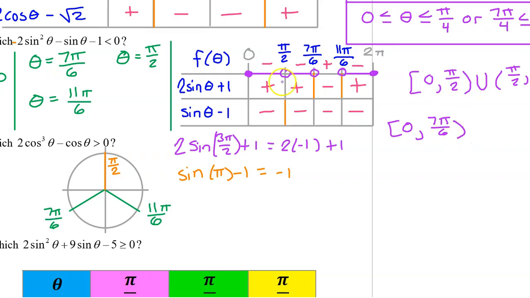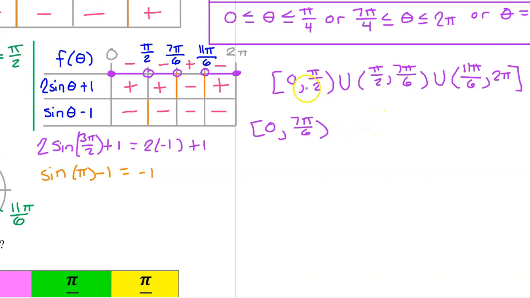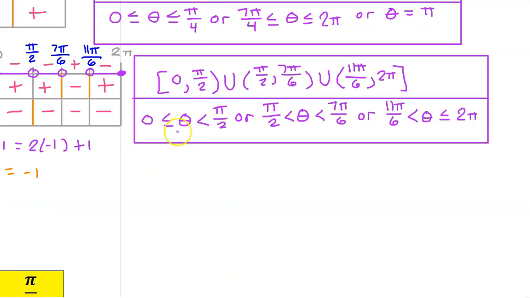Okay, the problem with that is that we are including a value pi over 2, where f of theta is not less than 0, it is equal to 0. And that's not allowed. So we do have to split it up into two intervals for a total of 3 intervals. And here is the same solution set written with inequalities.